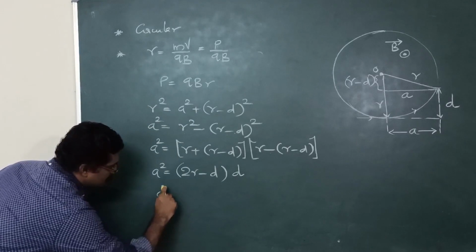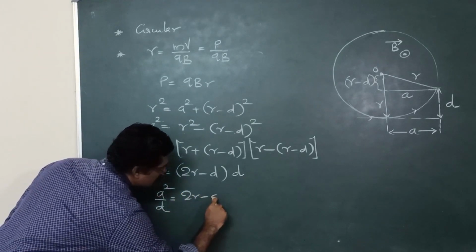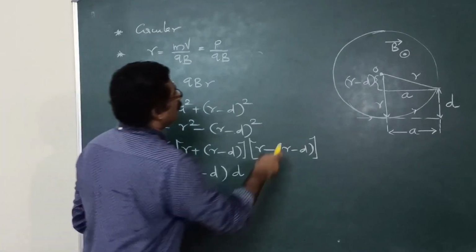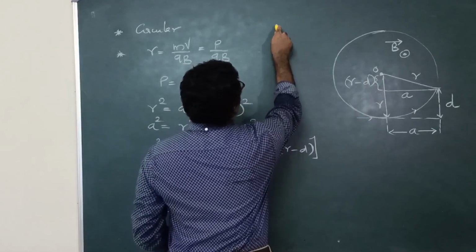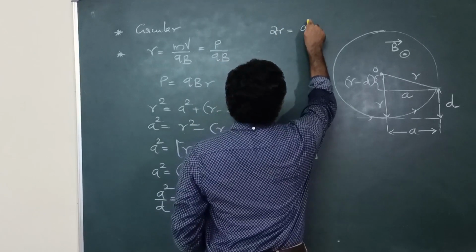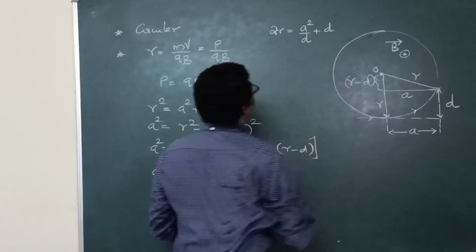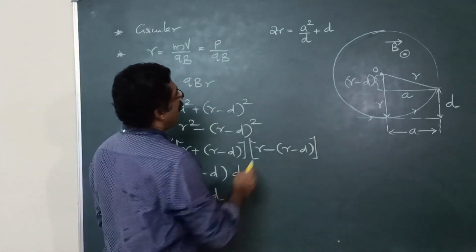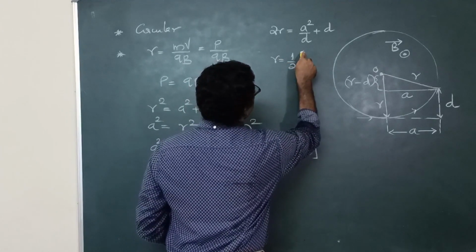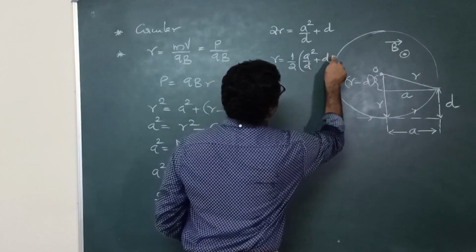So from here you can see a square by d is equal to 2r minus d. Take d here, and you will get 2r is equal to a square by d plus d. So r is equal to 1 by 2 into (a square by d plus d).